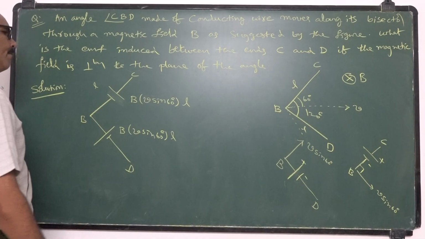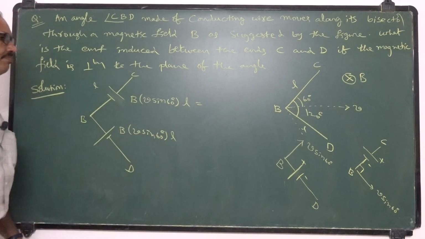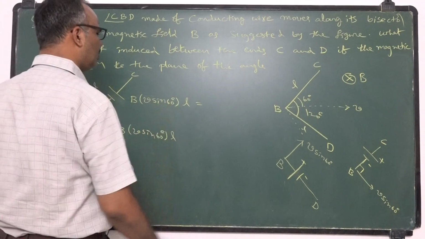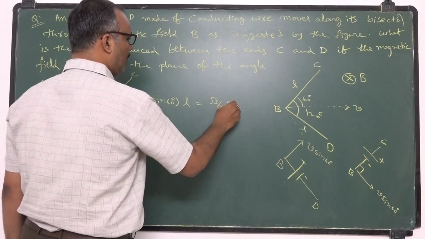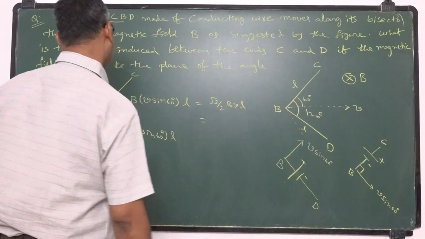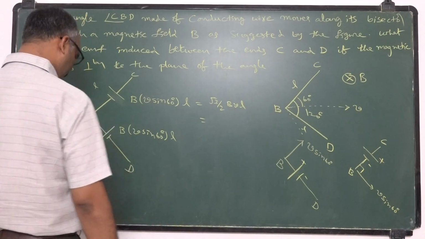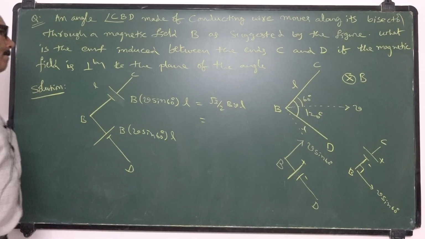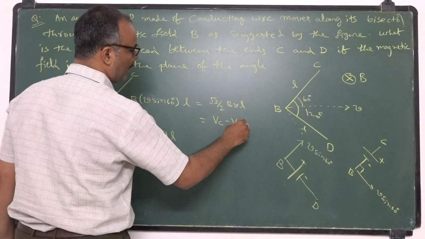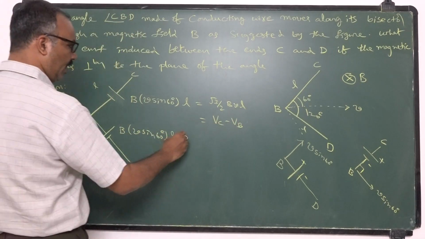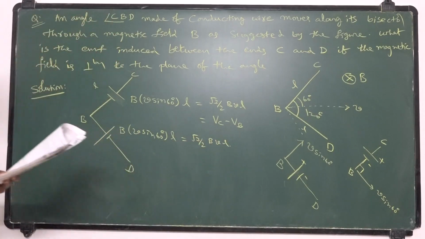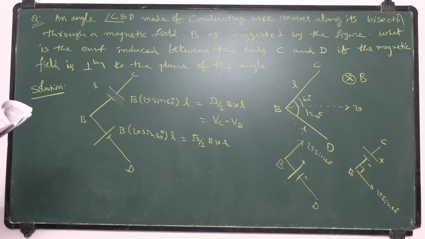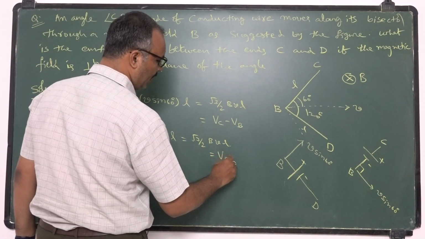Now, sin 60 is root 3 by 2, so root 3 by 2 BVL is the potential difference VC minus VB. Similarly, for this one you again get root 3 by 2 BVL, which is equal to VB minus VD.